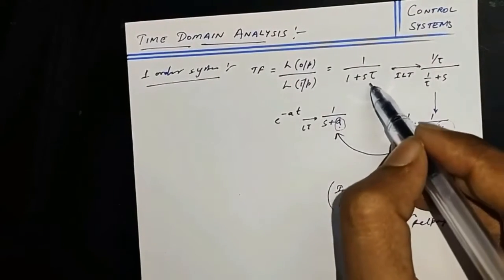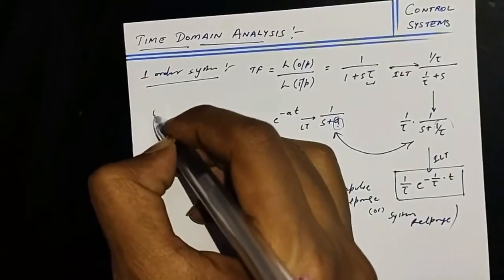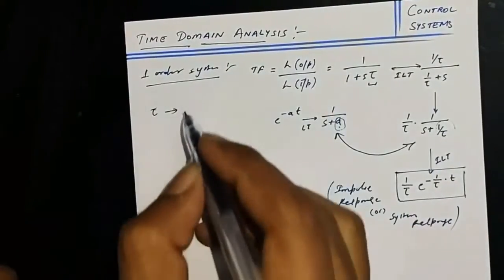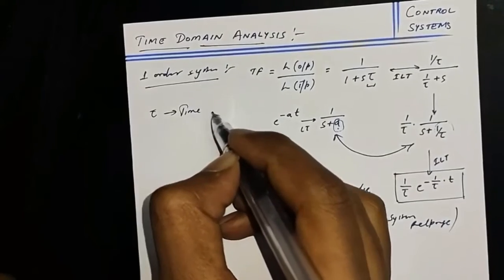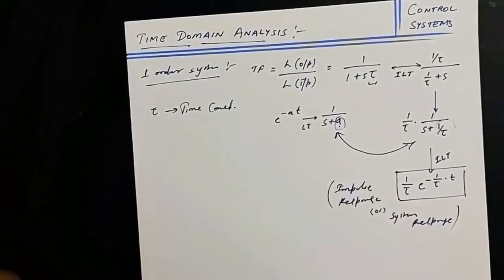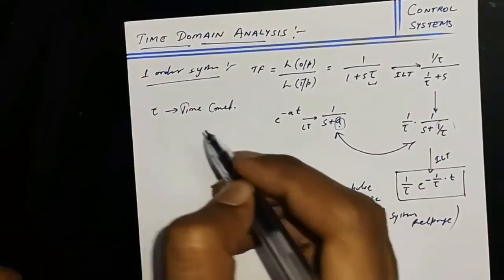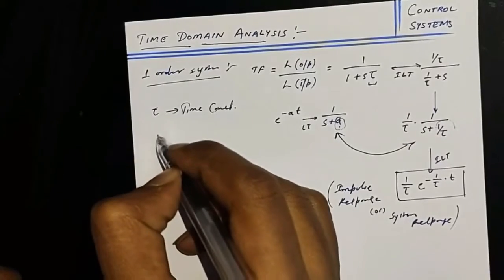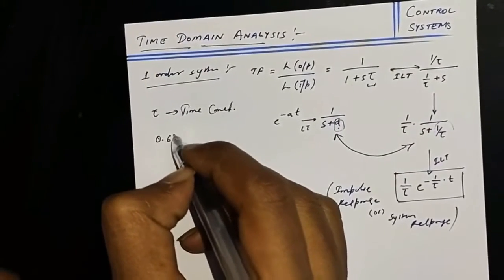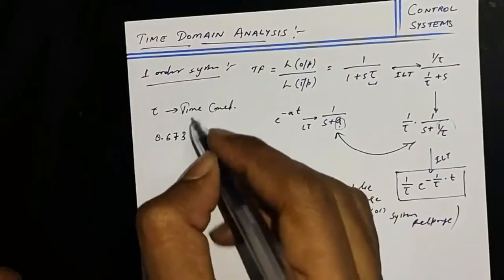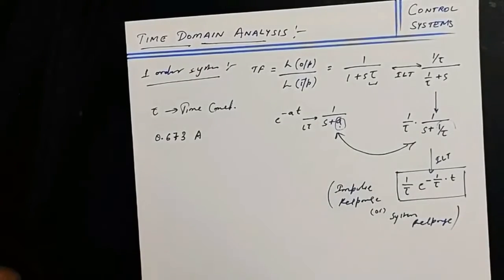Now what is tau here? Tau is time constant. And what is time constant? 0.673 times of the steady state amplitude.